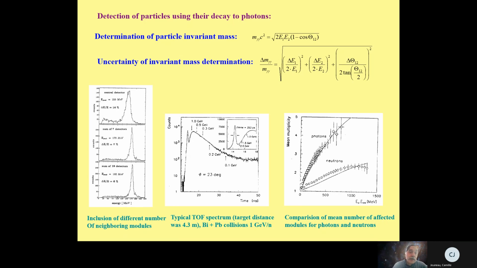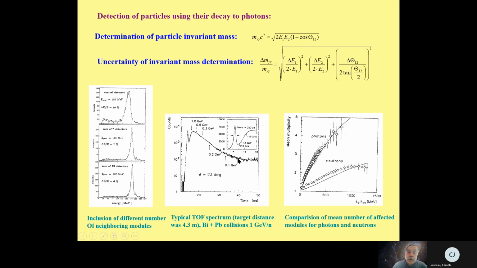But a neutral particle can be a photon, but it is also possible to have neutrons. And neutrons and photons can be distinguished by time of flight. Here is the timing, the time of flight of different particles. You see that here you have a maximum peak, which is given by photons, because all photons are running with the velocity of light.